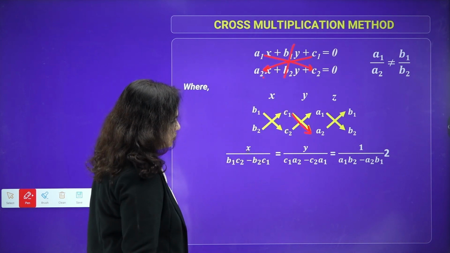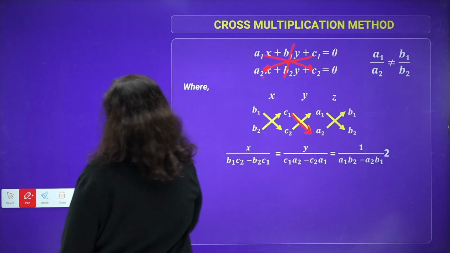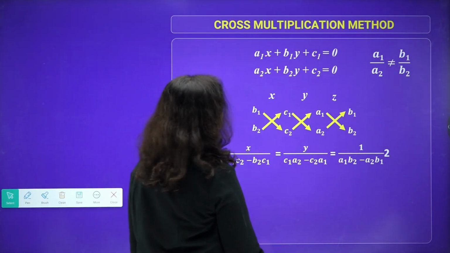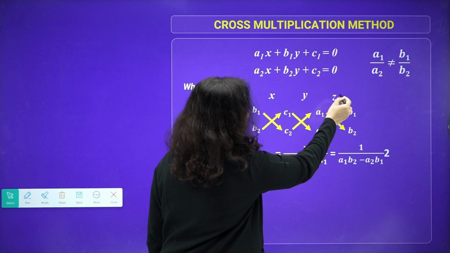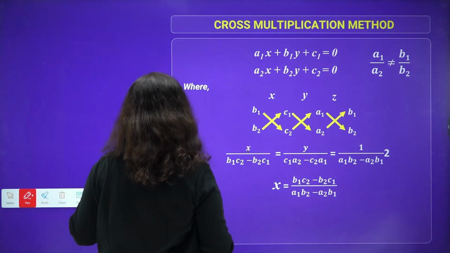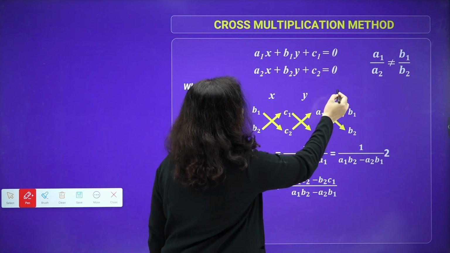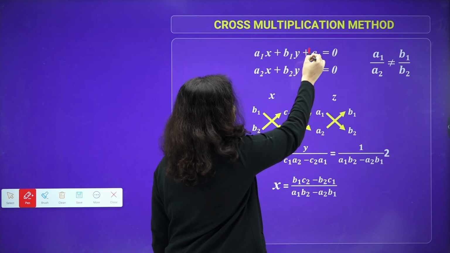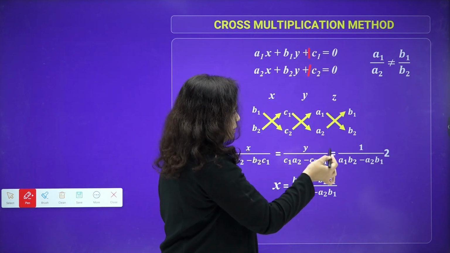Similarly, z is not a variable here, so in place of z we'll write 1, because the coefficient is a real number, it's 1.